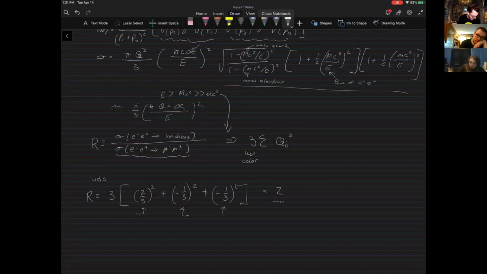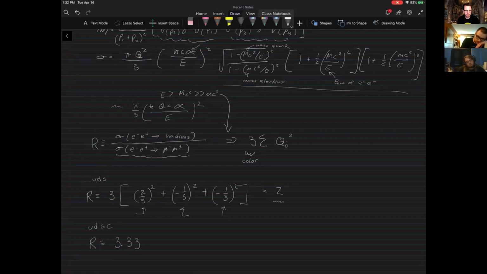Then I increase my beam energy until I'm able to produce charms. Now what happens? I find that the ratio increases, because I'm adding an extra 2/3 positively charged particle available to my system. It turns out this ratio becomes about 3.33.